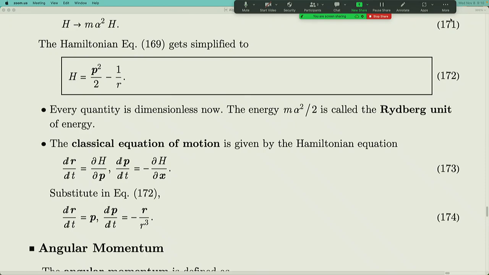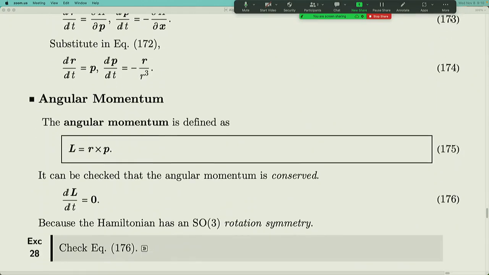And the time derivative of momentum is actually the force, and the force experienced by the particle, which is the electron here, is inversely proportional to the square of the distance and along the direction pointing towards the proton. Okay, so these are things that we already know.